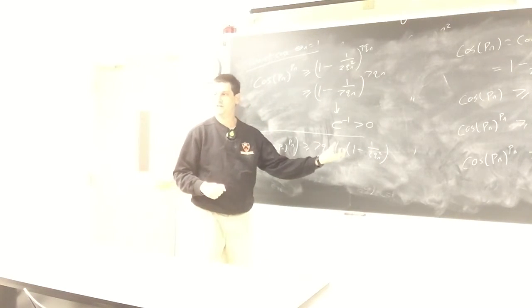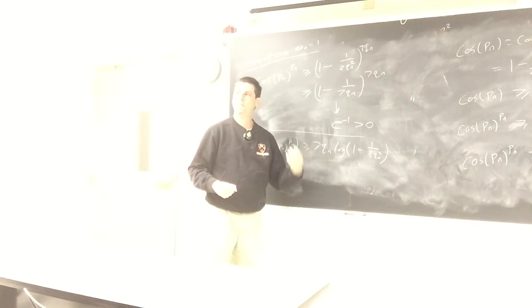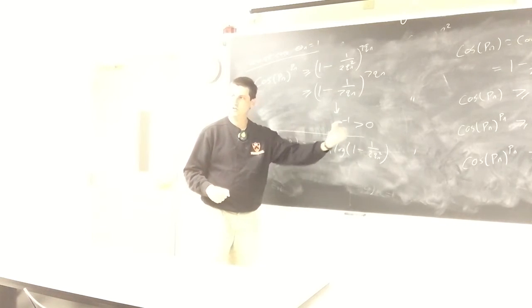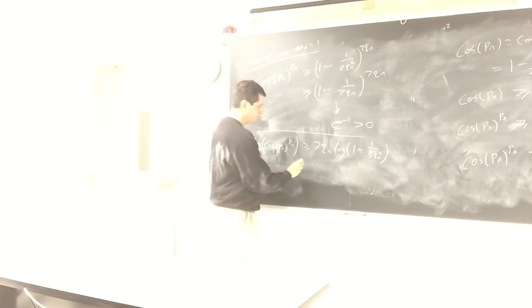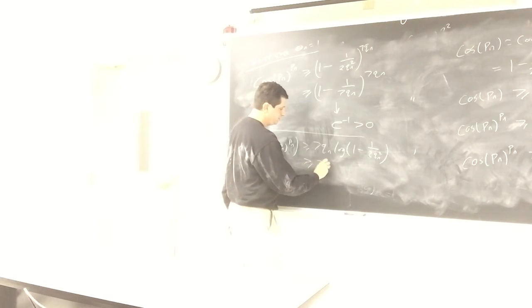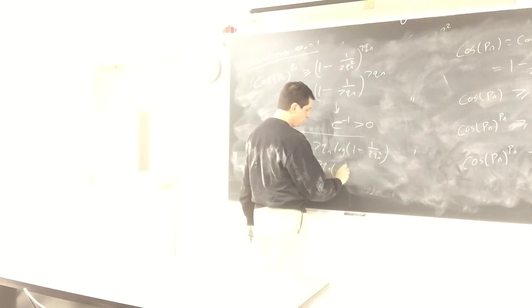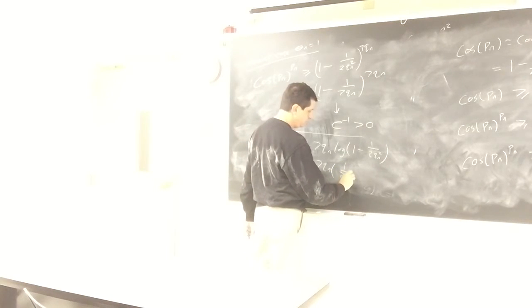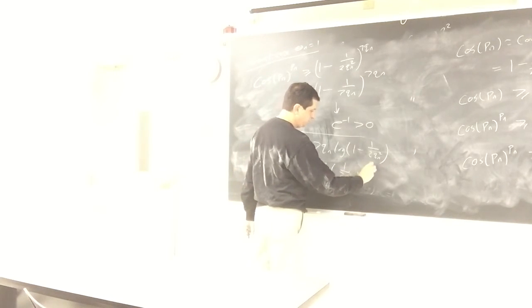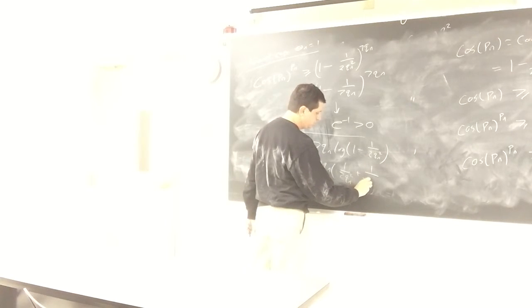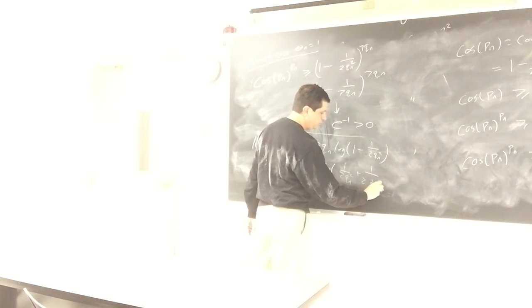Well, the log of 1 minus u is minus u minus u squared over 2 minus u cubed over 3. So this is greater than or equal to 7Qn times, I'll pull out the negative sign, 1 over 2 Qn squared plus 1 over 2 times 2 Qn squared.